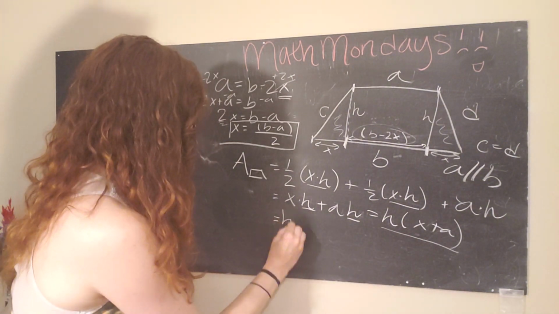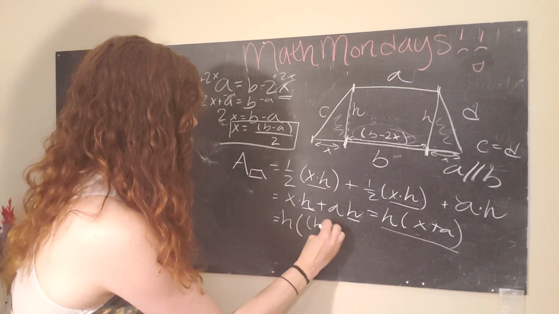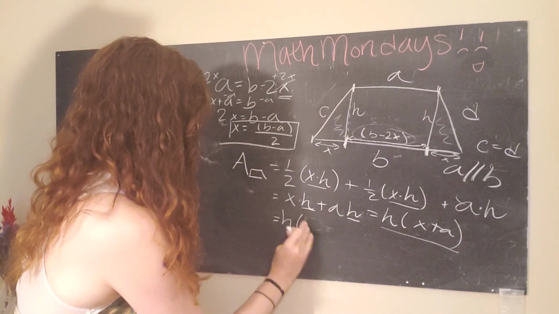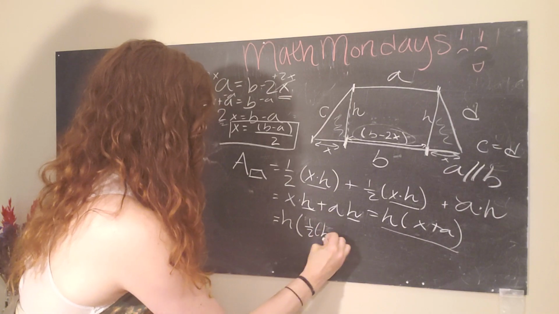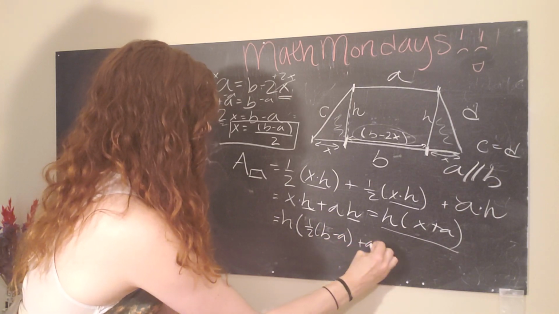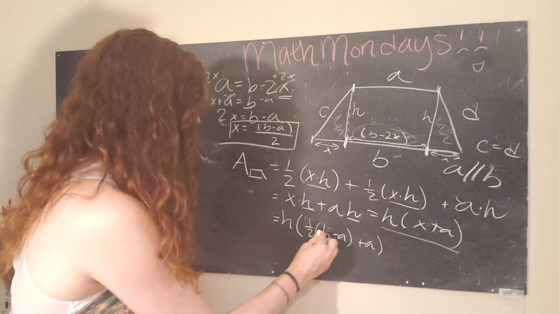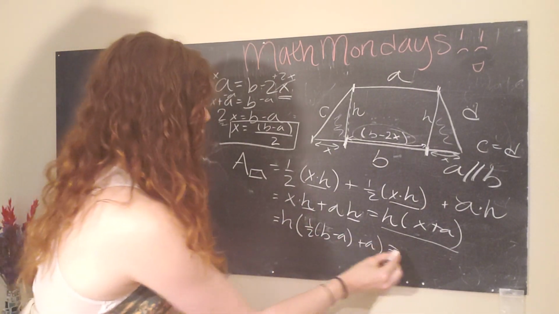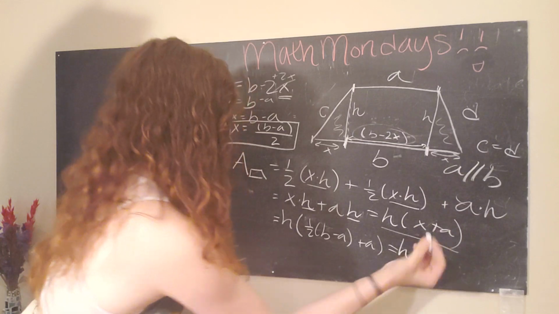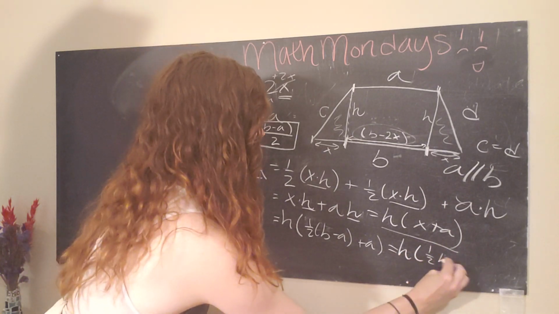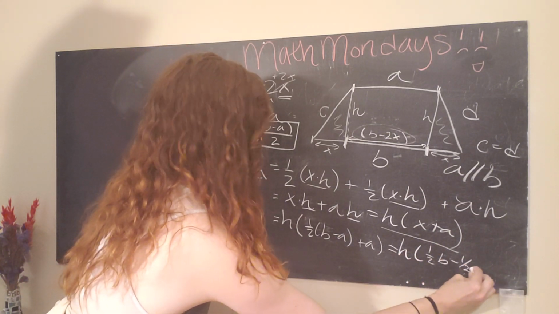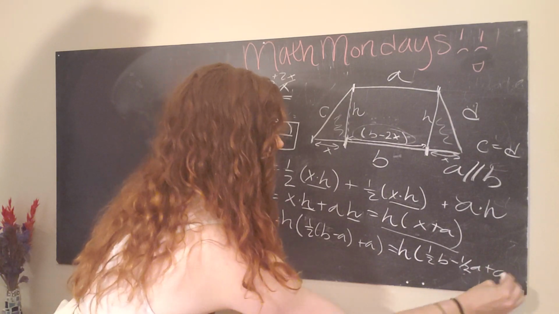So I get h times b minus, we'll say 1/2 b minus a, plus a. Okay, all right, we're getting there. So now I want to distribute the 1/2, and I get h times 1/2 b minus 1/2 a plus a.